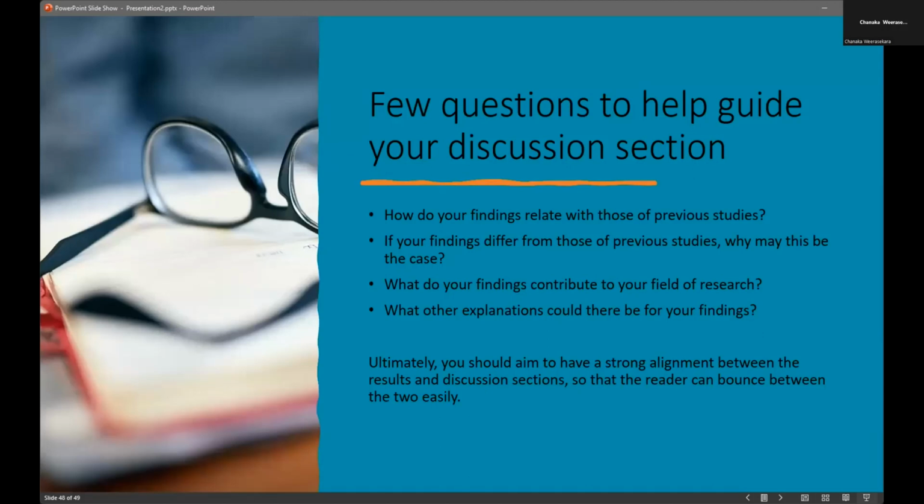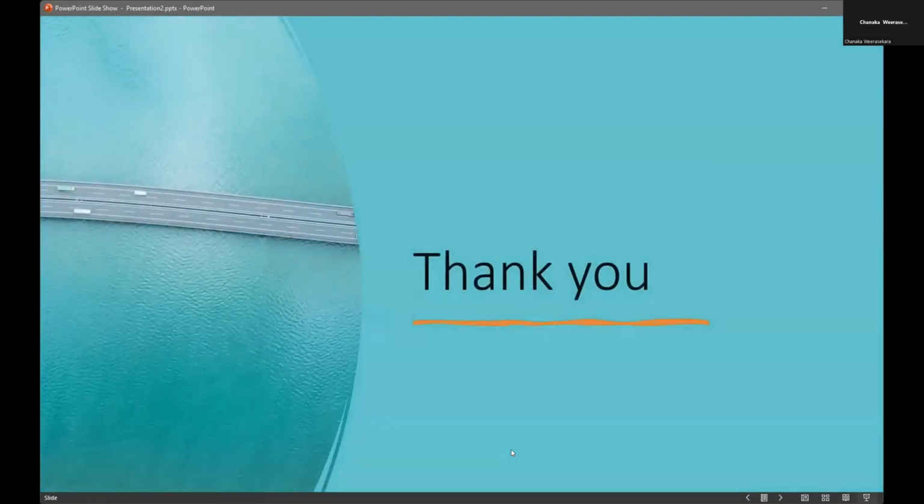Even if you take a qualitative approach or a quantitative approach, whatever it is, the discussion is the discussion. There you have to interpret your findings in relation to the previously available body of knowledge. So that's the idea. I hope you got some idea about how you should go and write your 4th chapter, right? The results and discussion chapter.